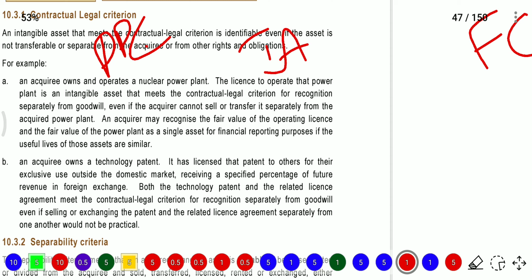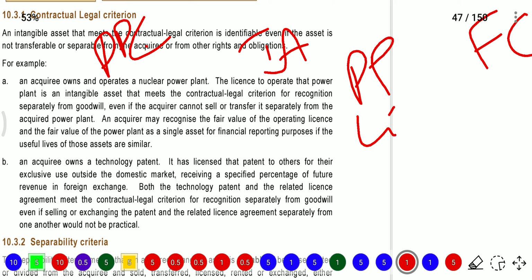The asset will meet the contractual legal criterion for recognition separately from goodwill. So the license has a separate identity, so we need to separate it from goodwill, even if the acquirer cannot sell or transfer it separately from the acquired power plant. So if you want to sell the power plant, you can sell it without selling this license.